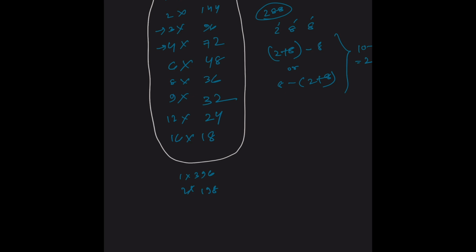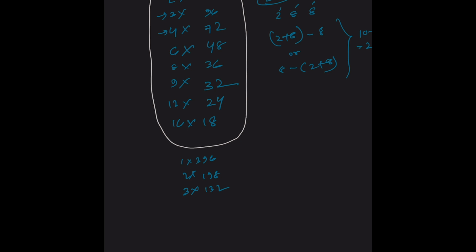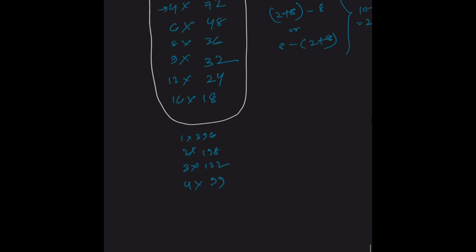Dividing it by 2, we get 198. Now the last two digits, which is 96, is divisible by 4. So 396 is divisible by 4, and we get 99. It's not divisible by 5, however, it is divisible by 6.